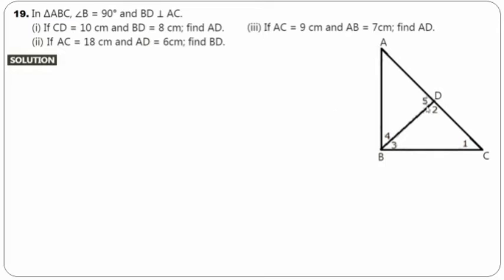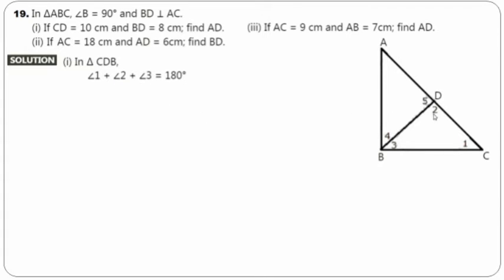Now can you tell me what is the value of angle 2 and angle 5? Since BD is perpendicular, these two will be 90 degree. Now let's see in triangle CDB. In this triangle, what will be the sum of the interior angles? Angle 1 plus angle 2 plus angle 3 will be 180 degree.